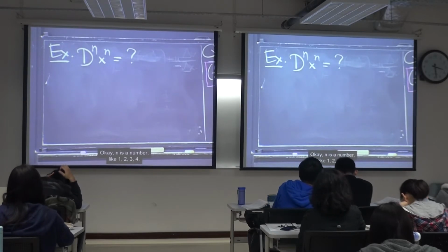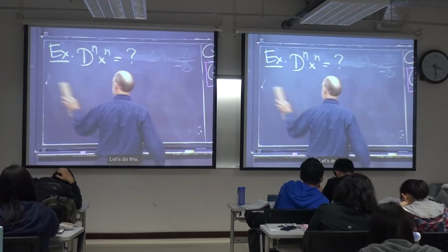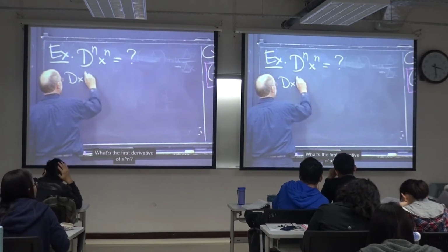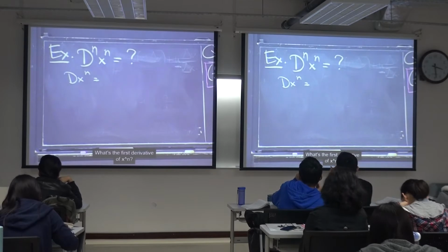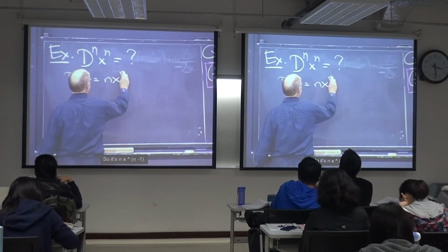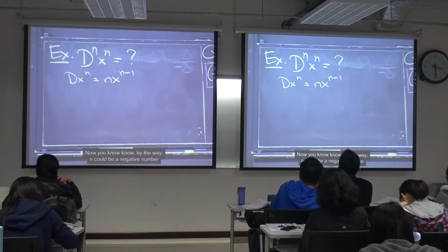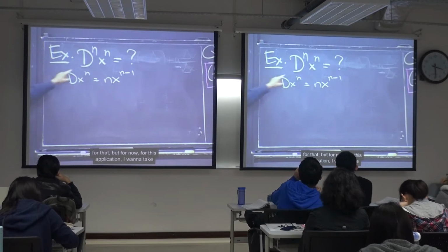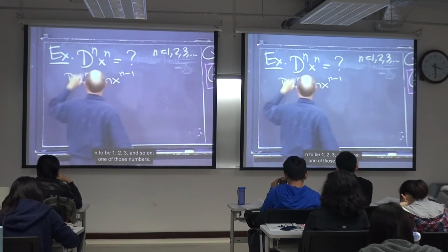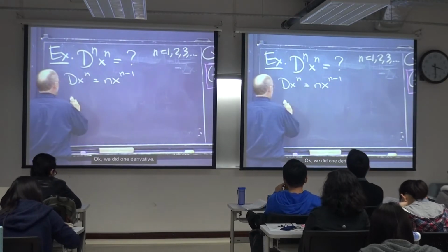So, here we go. Let's do this bit by bit. What's the first derivative of x to the n? So everybody knows this. I'm just using a new notation, this capital D notation. So it's n x to the n minus 1. And now you know, by the way, n can be a negative number for that. But for now, for this application, I want to take n to be 1, 2, 3, and so on. One of those numbers. Okay, we did one derivative.